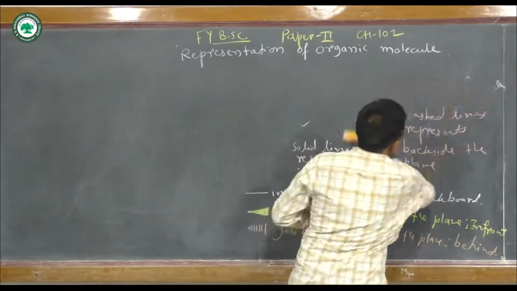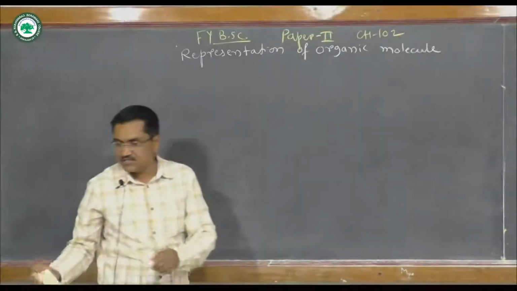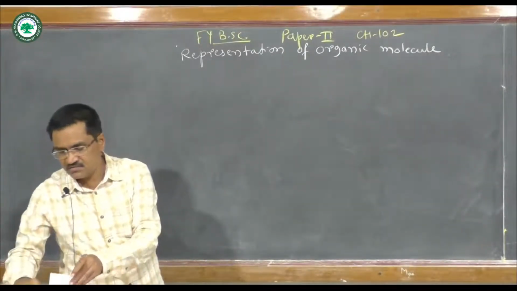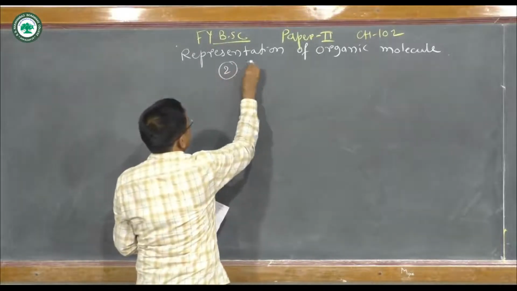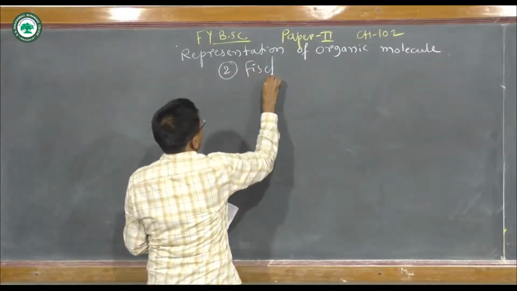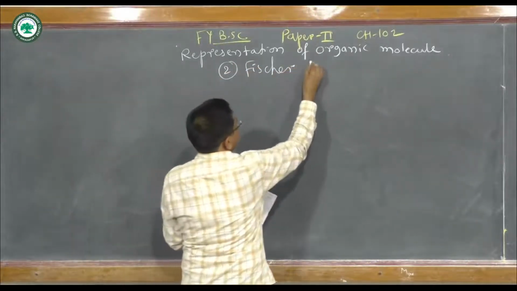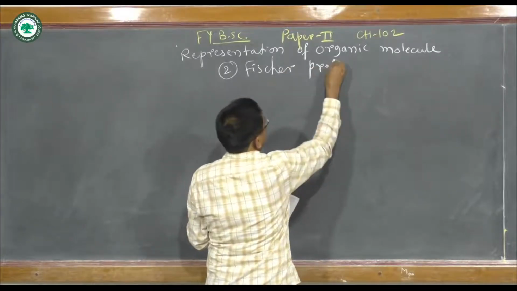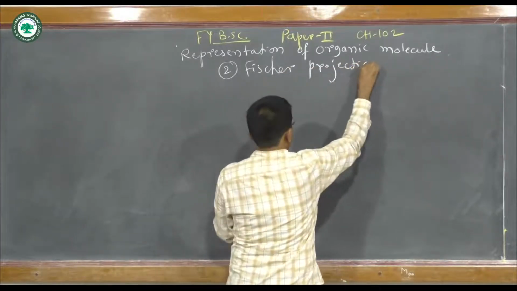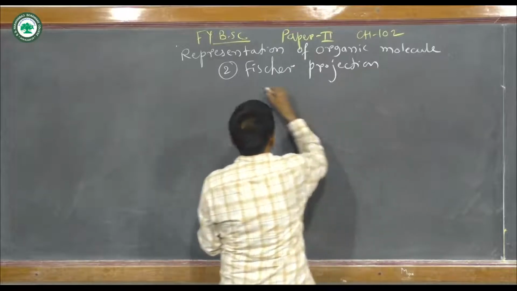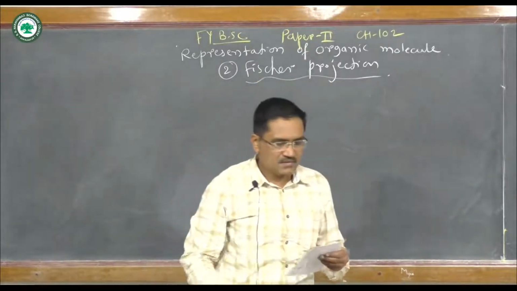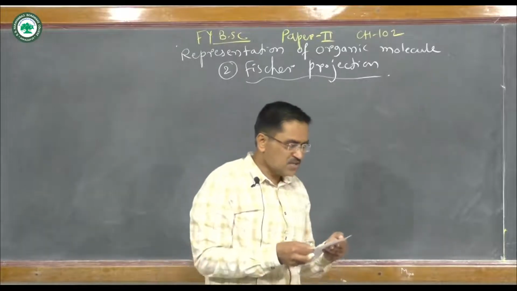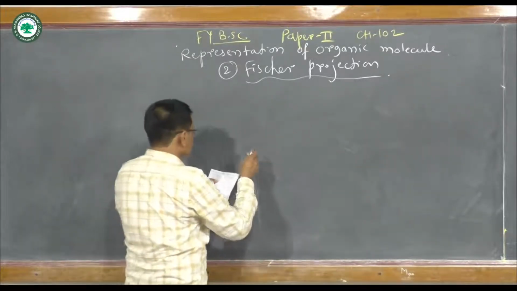Now the second method is the Fischer projection. It was discovered by the scientist Fischer. What happens in this case?